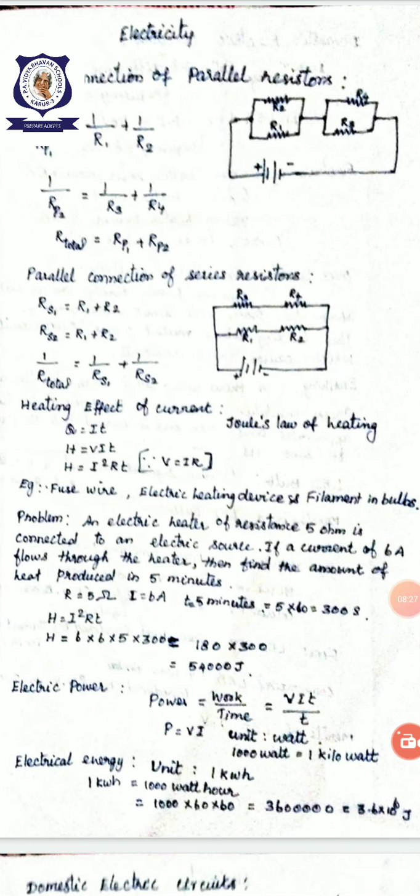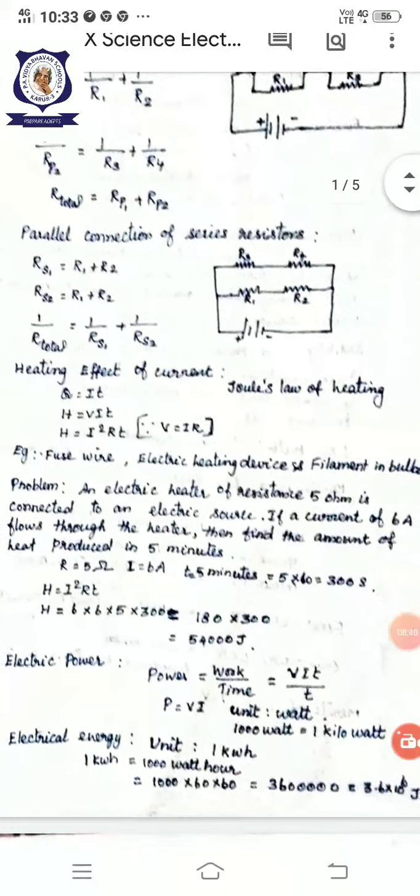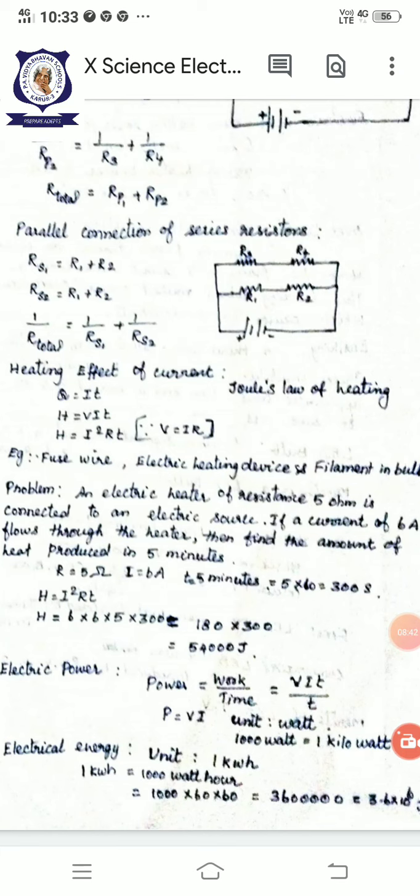In what type of appliances are we using this heating effect? I already told you: fuse wire, electric heating devices and filaments in bulbs. See, fuse wire. In the household circuit, we normally say fuse carrier. It's nothing but a simple coil.